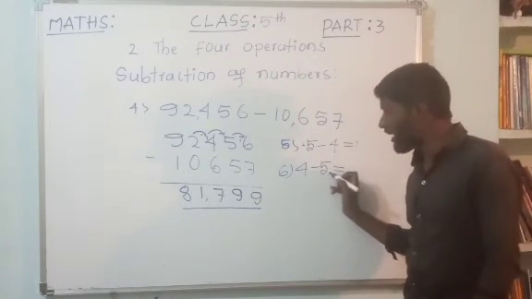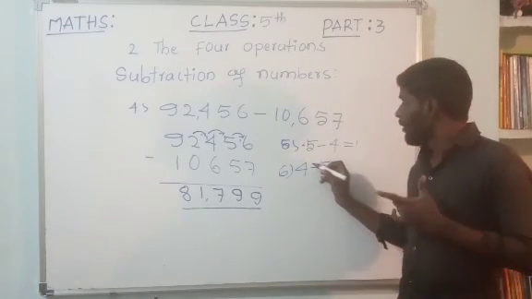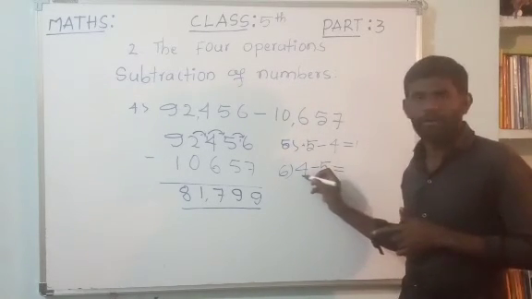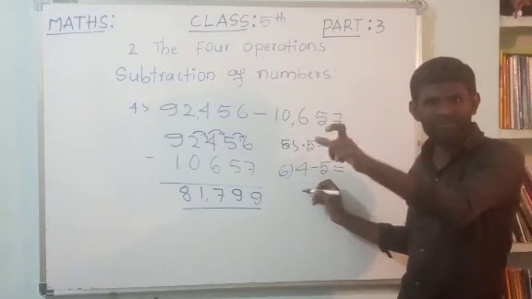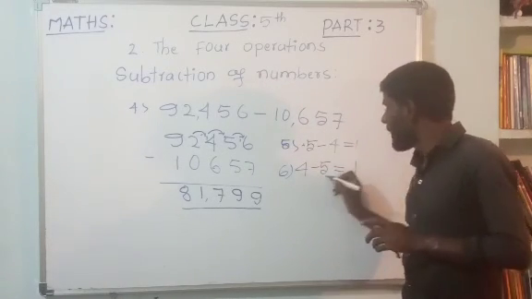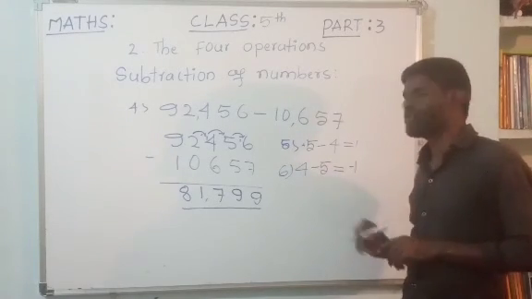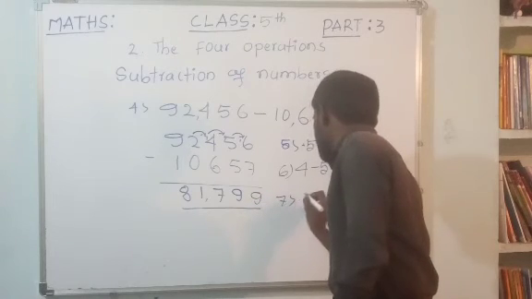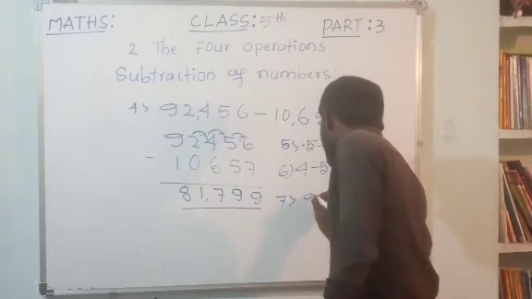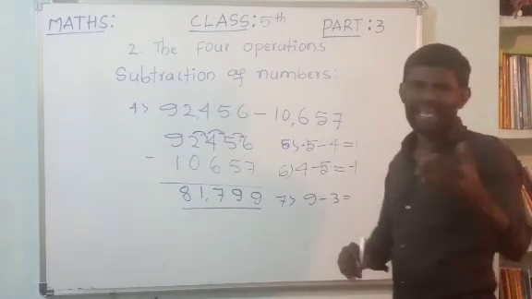Here 4 minus 5 we cannot subtract directly. We have to subtract 4 from 5. The answer is 1, but the symbol of the big number is minus, so the answer is minus. Example 7, dear children. Suppose 9 minus 3.